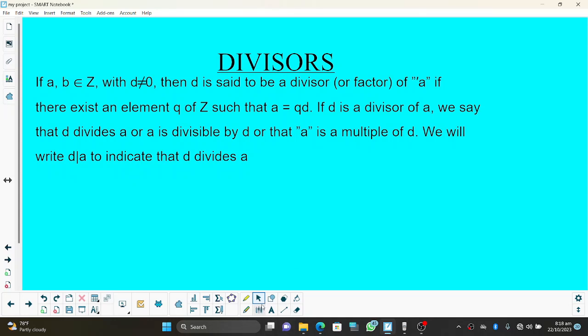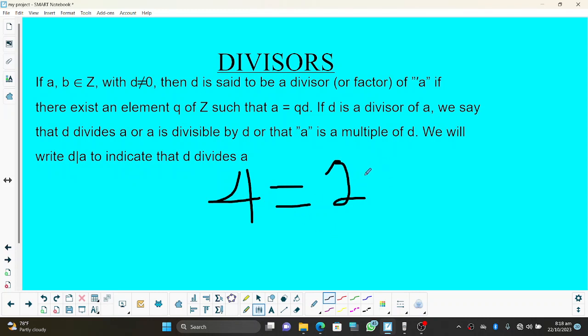So let me give an example, using the example from the first part. If I have 4, then a divisor is 2. So 2 divides 4.